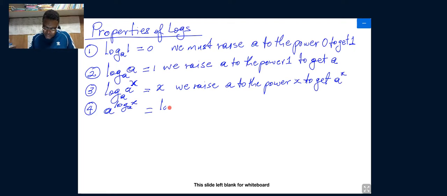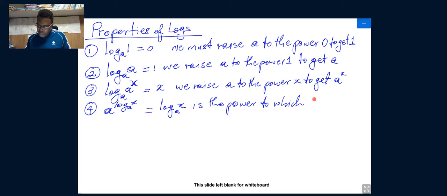It means log x base a is the power to which a must be raised to get x.